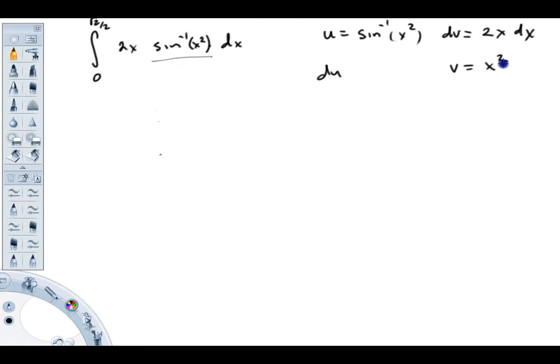Now the du, we're going to have to differentiate this inverse trig function. So I'm going to take a moment and do that off to the side. All right, so let's say y is equal to the inverse sine of x squared. Then sine of y is equal to x squared.